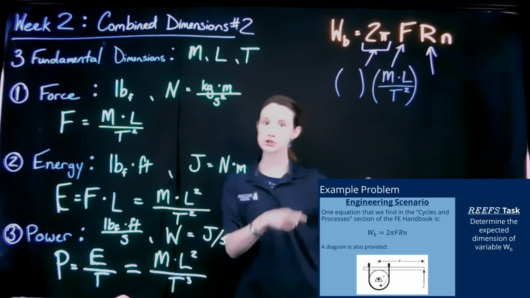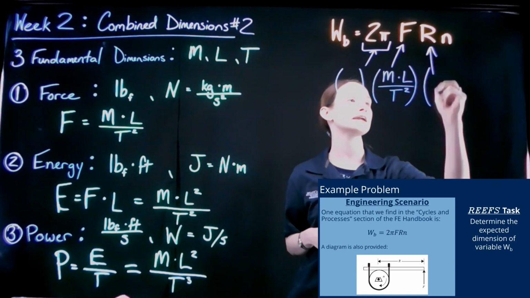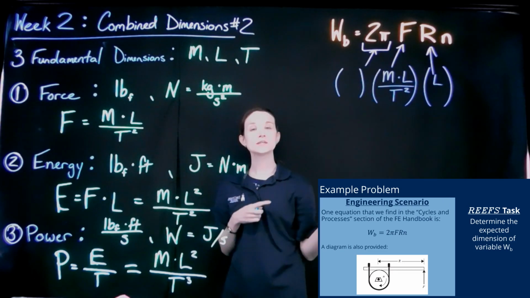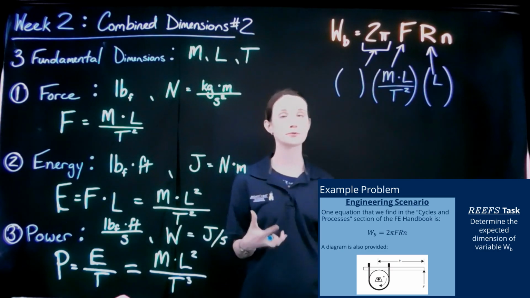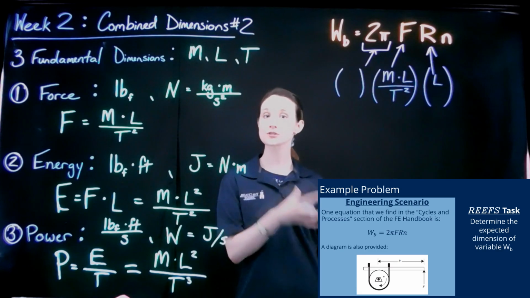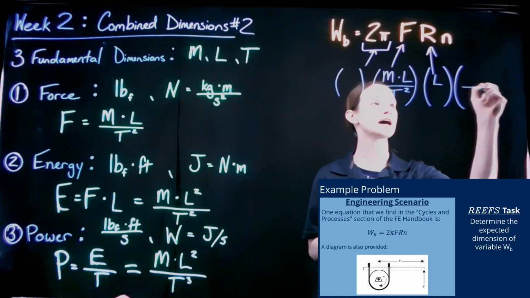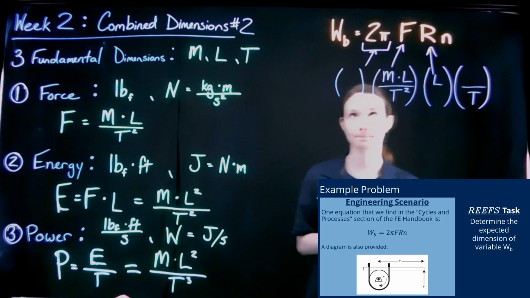R, from the picture, is a distance, so that is a length unit. And then finally we have n. N is potentially the new variable for you. N is what we call a rotational speed or a rotational velocity, and that actually comes just in units of per time.